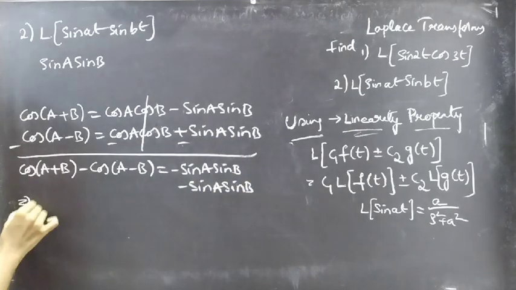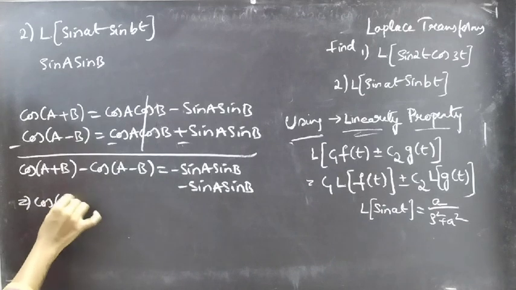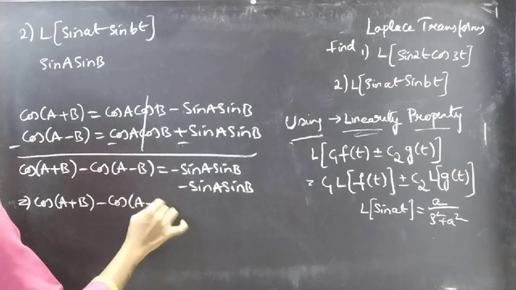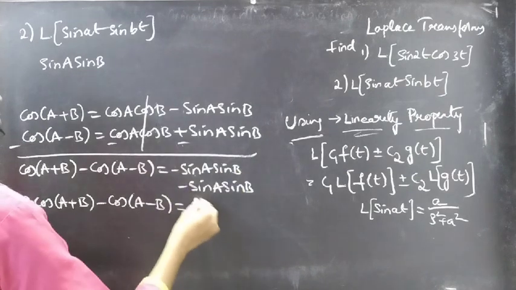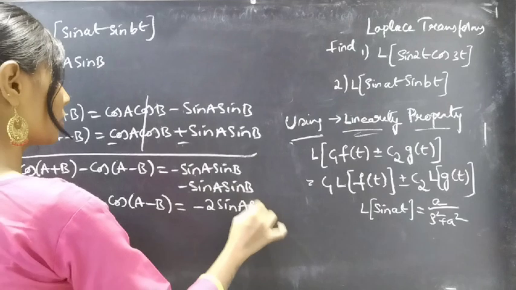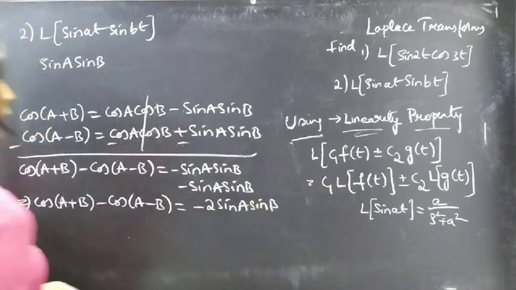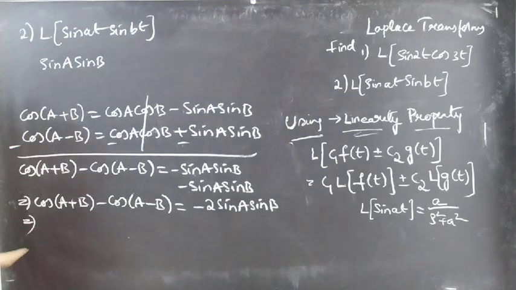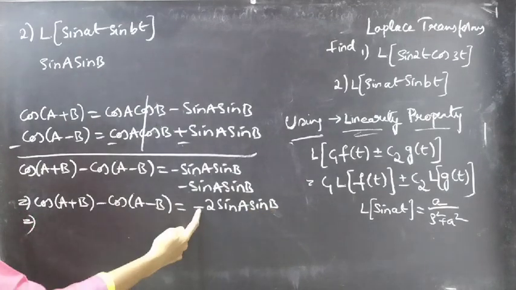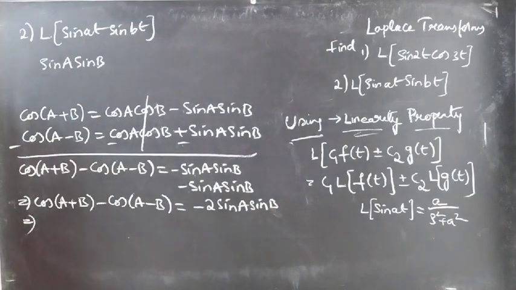Which gives us cos A plus B minus cos A minus B equal to minus sine A sine B minus sine A sine B, which gives minus 2 sine A sine B, right? Now multiply both sides of the equation with minus so that this minus will disappear.